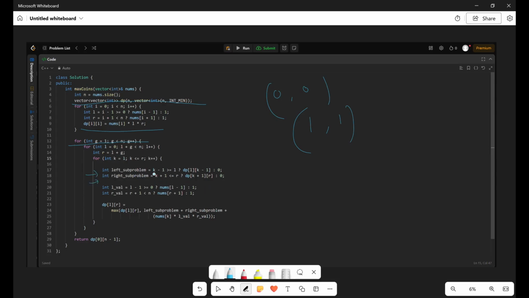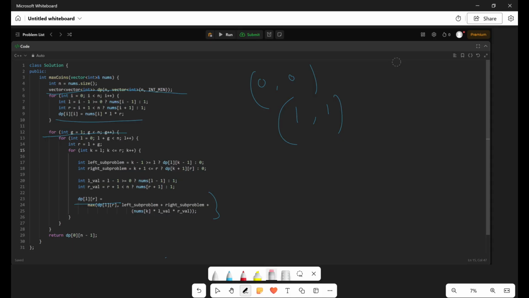Now, if we reach a subproblem which is not valid, we then put 0 in that subproblem, and then we are calculating the boundary values as lval and rval. These are also being calculated, and if we have reached an out of bound index, we are marking them as 1 as it was given in the problem statement itself. And finally we are caching it within our dp vector, and this is the recurrence that we had just written down.